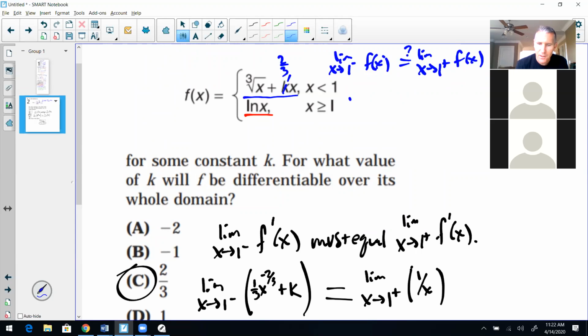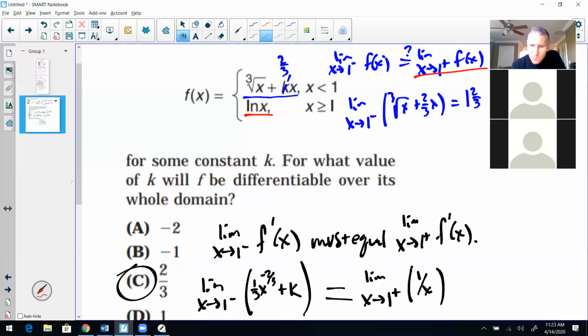Here we have the limit as x approaches 1 from the left of f of x, so that'd be cube root of x plus 2/3 x, which is just equal to 1 plus 2/3, so 1 and 2/3. And then I'm going to look at this part.